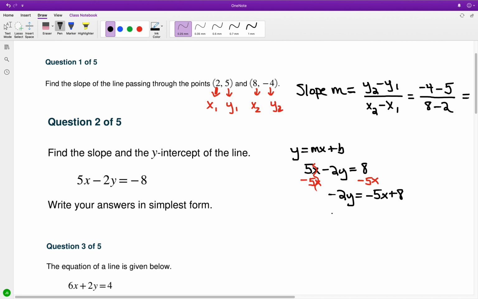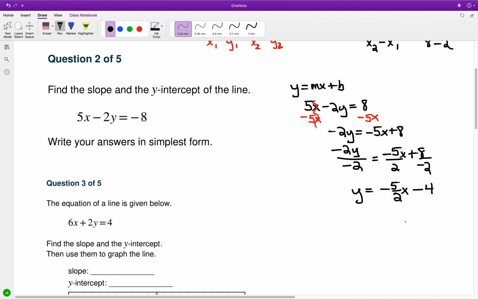To get y by itself, we divide all the terms by -2. So we have y equals -5/2 x, and 8 over -2 becomes -4.